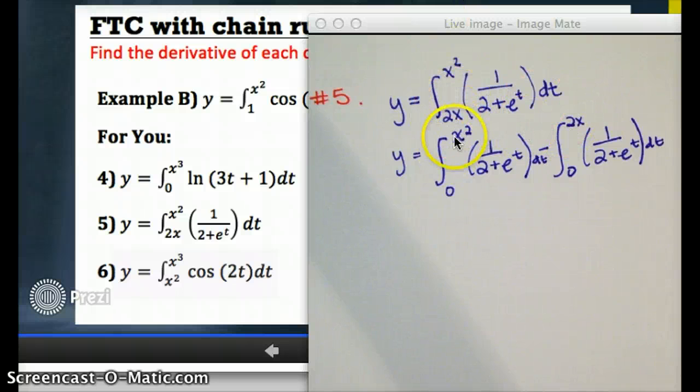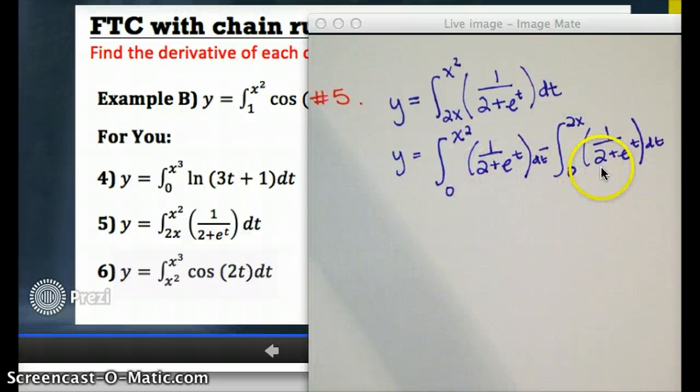Imagine these like 3 numbers on a number line, 0 first, then 2x, then x squared. And in fact, this relationship is going to hold true even if x squared is smaller than 2x. So the relationship here allows us to rewrite a single integral with 2 different variable terms of integration as 2 integrals that have numbers on the bottom and variables on top.